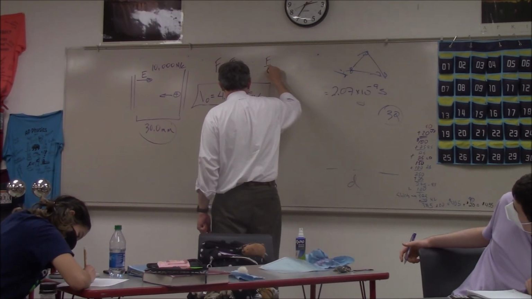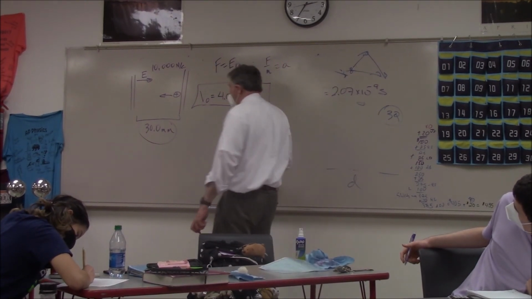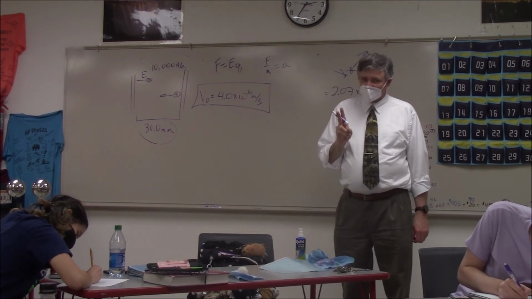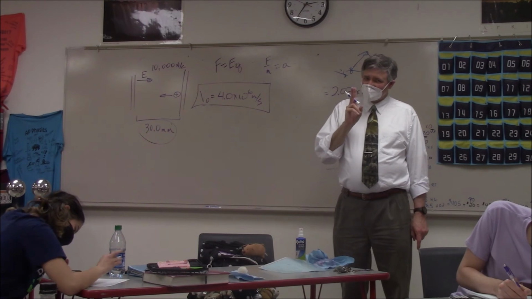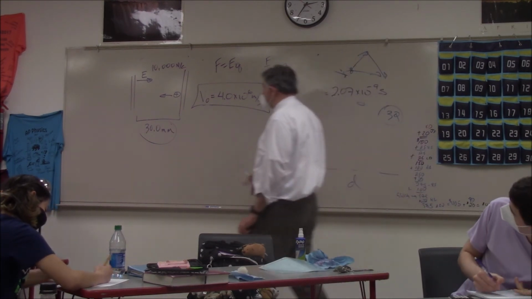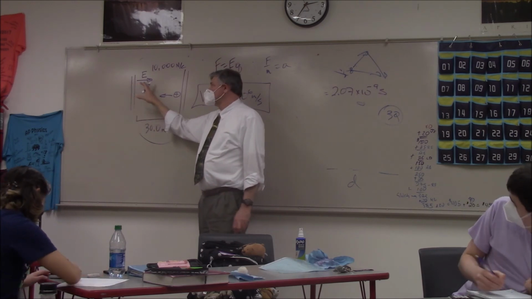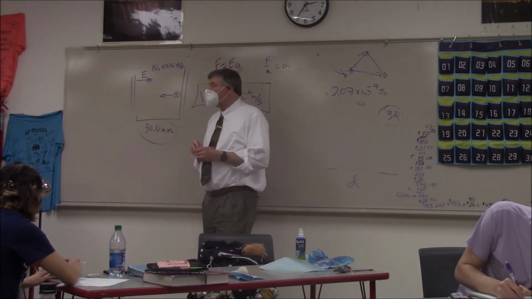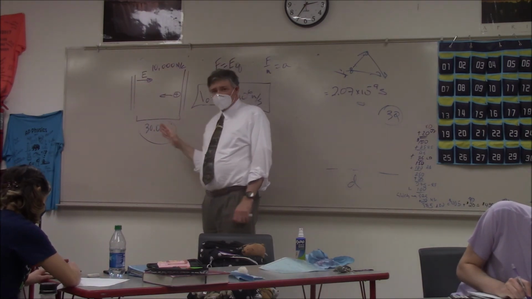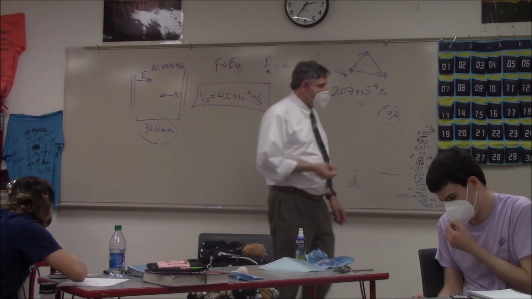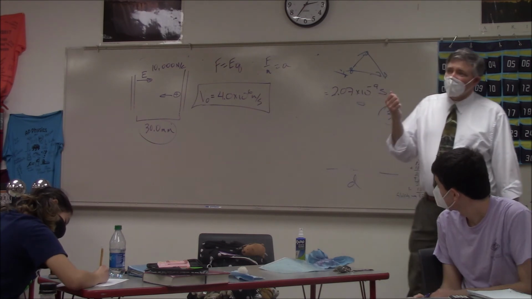If I take force and divide it by mass, I can get my acceleration. Now here's the million-dollar question. The proton is released like this, and the electric field is coming across like this. As it goes across, is the proton going to speed up or slow down?